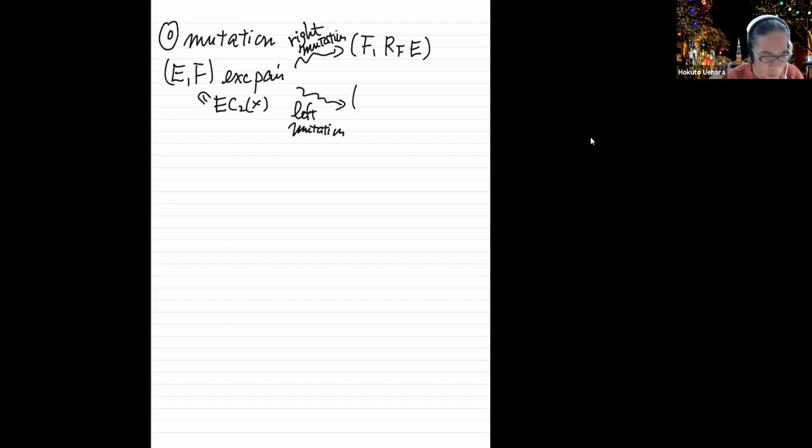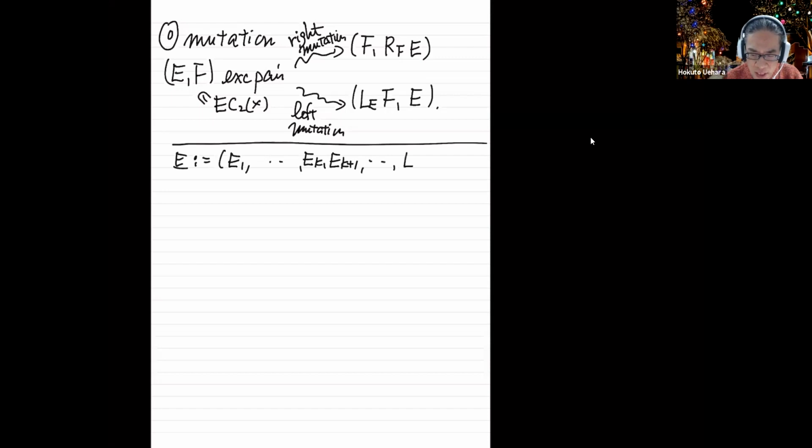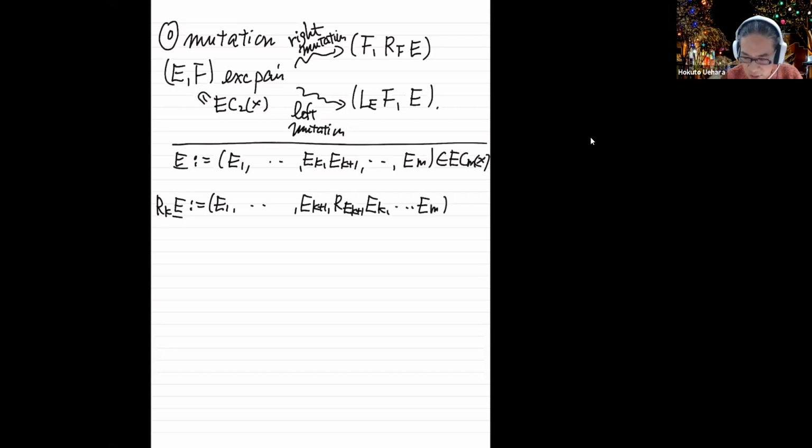By left mutation, we can construct a new exceptional pair, L_E F, E. And using this operation for a given exceptional collection of length M, E1, ..., EK, EK+1, ..., EM, we can define a new exceptional collection by this mutation, namely R_K E defined by E1, ..., EK+1, R_EK+1 EK, ..., and it doesn't change anything except these two terms.